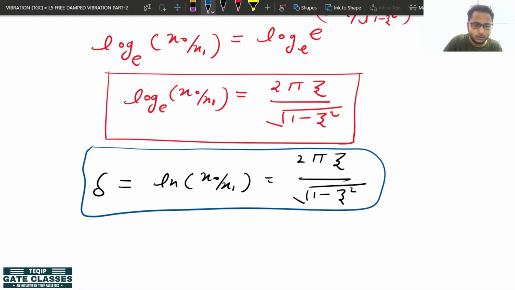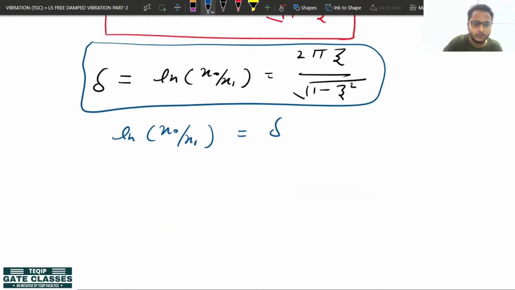So if ln of x naught upon x1 equals delta, then going in reverse, x naught upon x1 will be exponential to the power delta, right?